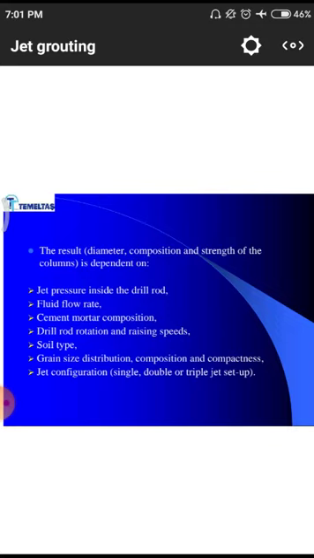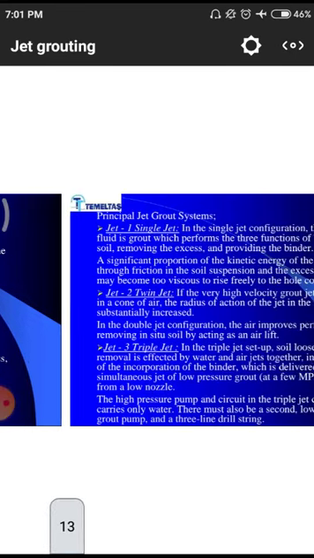Then the quality of the soil, grain size distribution and composition. All those things we have to consider.